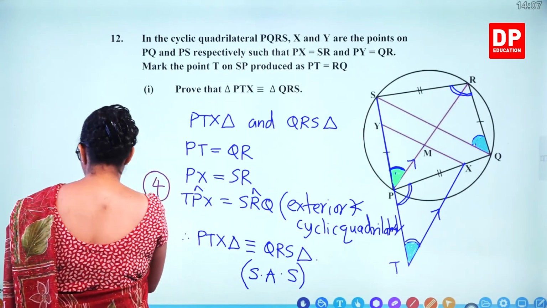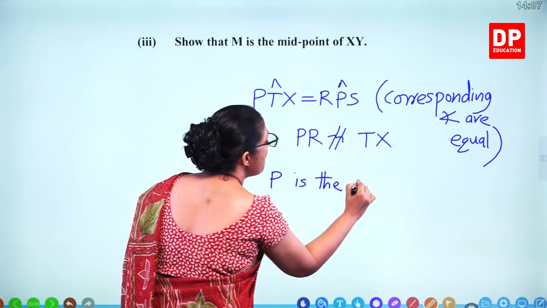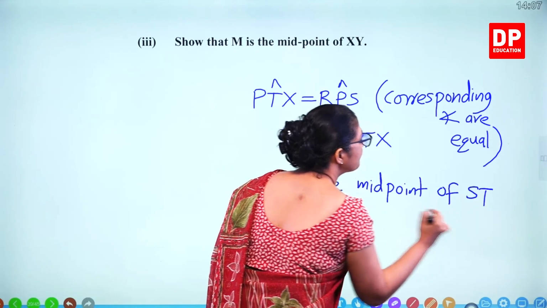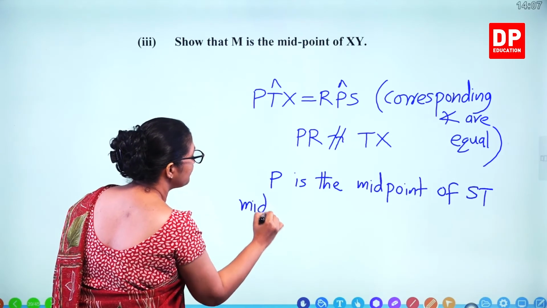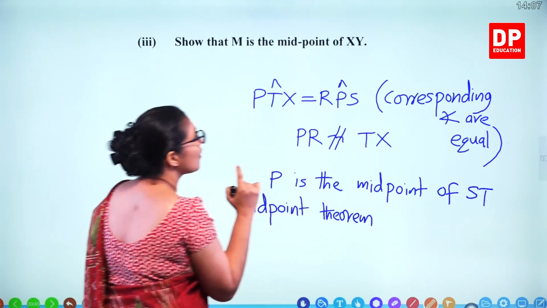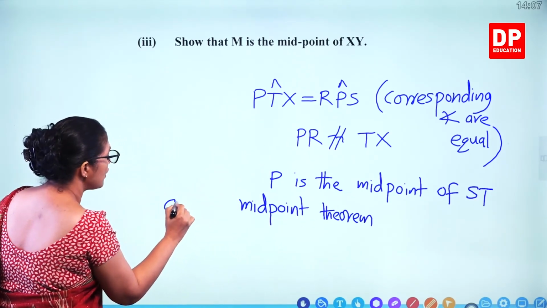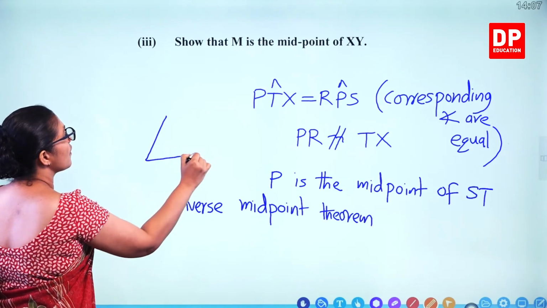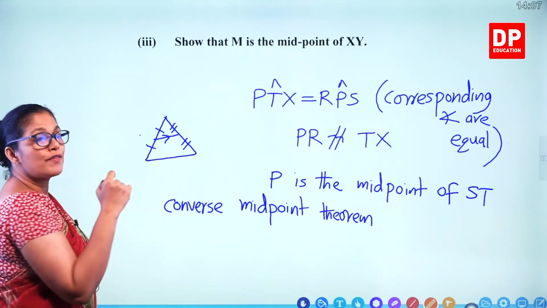P is the midpoint of ST. So therefore, according to midpoint theorem, converse midpoint theorem, because when you draw a parallel line with the midpoint of this, it becomes the midpoint of the other side.